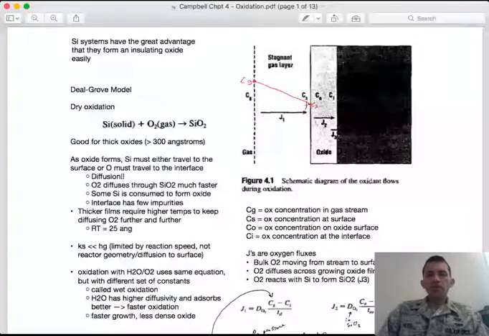Then the oxygen needs to adsorb to the surface. Once it's adsorbed to the surface, then it can start to diffuse across the growing oxide layer. And then once it does that, it reaches the interface, and you have a flux of atoms that are reacting with the silicon to form silicon dioxide.